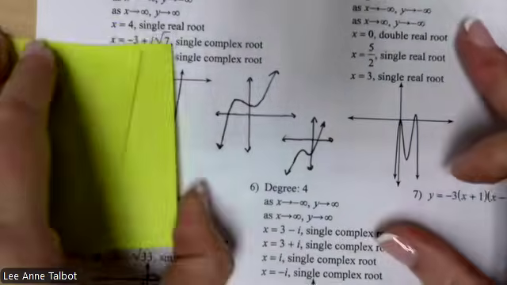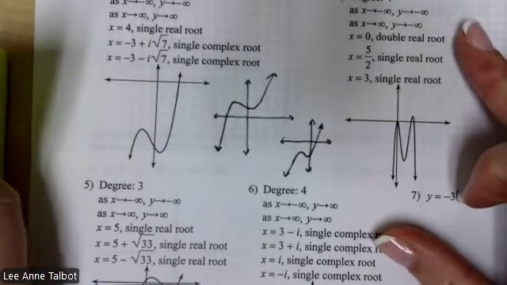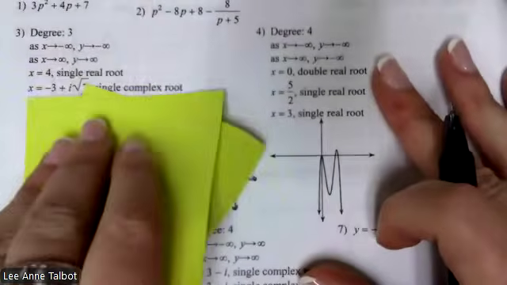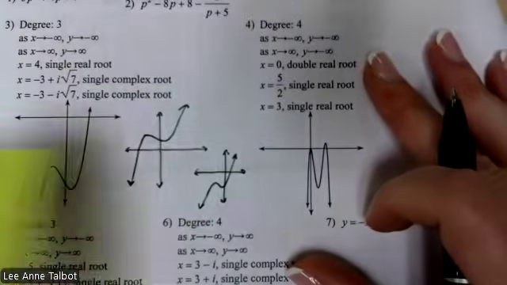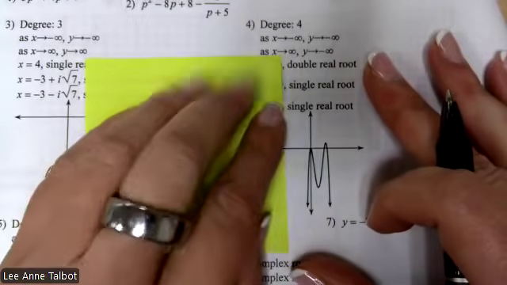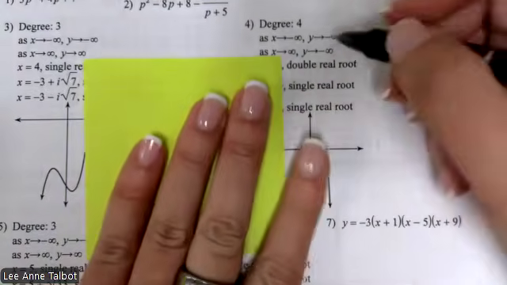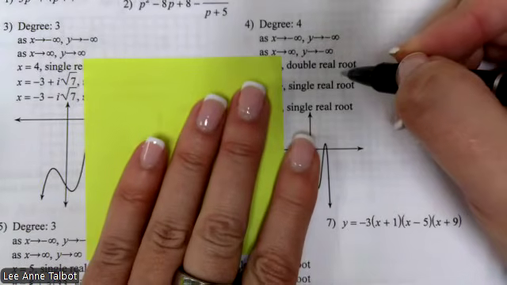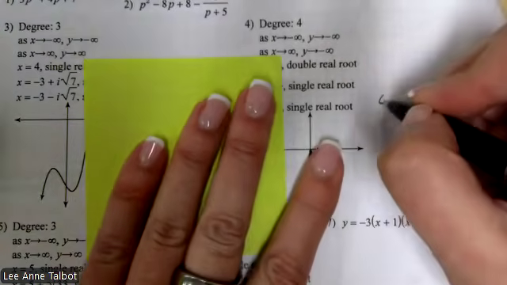Okay, so let's practice this one. Do you guys want to keep going? Do you want to do another one? Or no? You got it? One more? Okay, let's do number 4. Degree 4. It says starts down, ends down, 1 double and 2 singles.